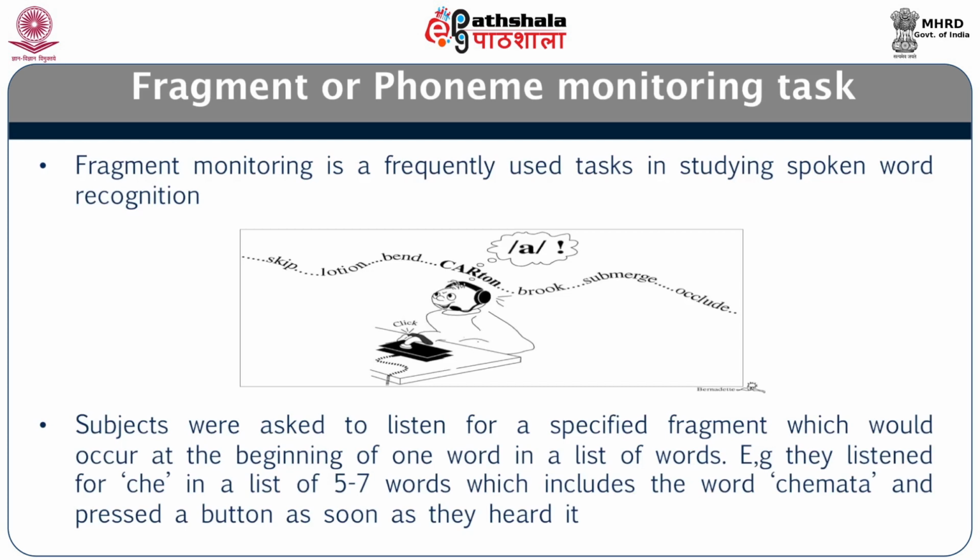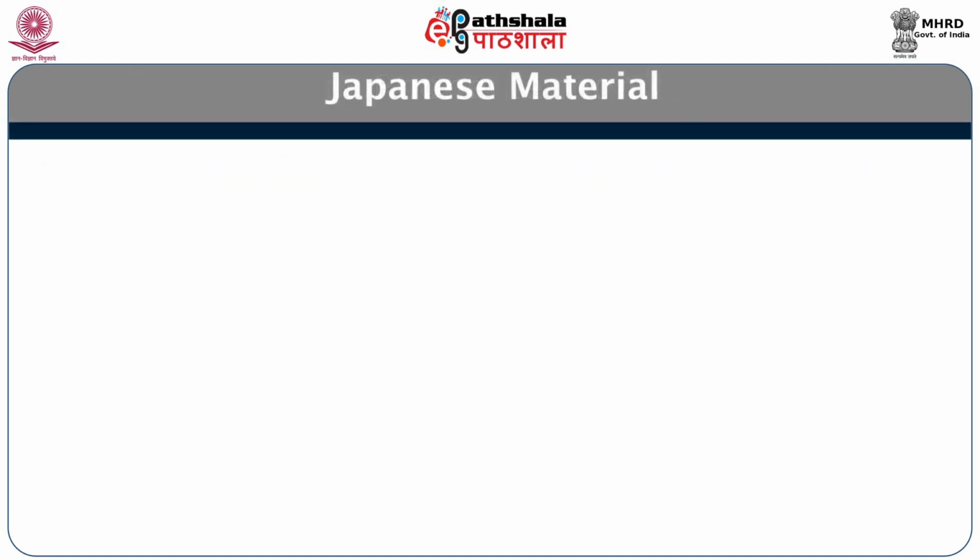The experiment was to do with Japanese material, because Japanese is a Mora-timed language. The prediction was that Japanese listeners will use the Mora in listening to Japanese and to other languages.